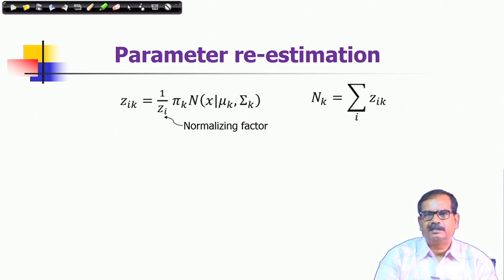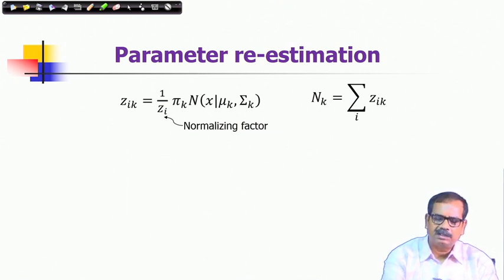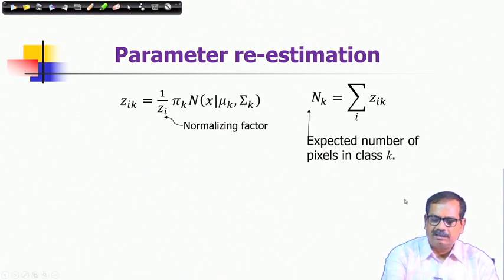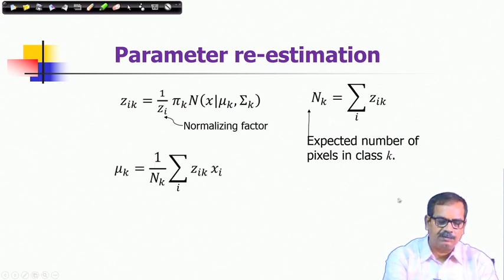It is not a discrete number, as you can see; it is the sum of likelihoods of all pixels, which is not an integer, but an estimate of the number. If the likelihood is 1 and 0, then you get integer numbers, but in this case we get an estimate of that number. It is the expected number of pixels in class k, which has a fractional component in this framework.